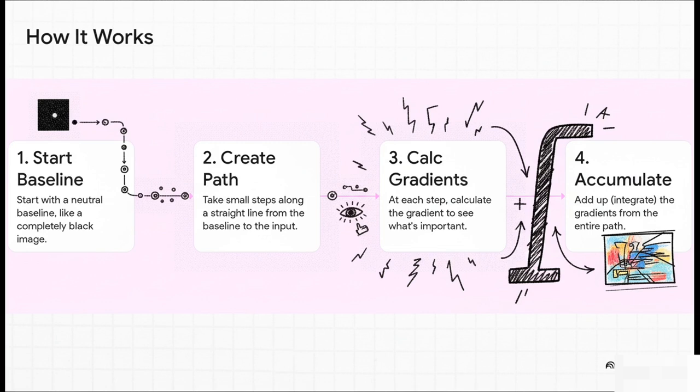Then you imagine a straight line, a path, from that black image to your final picture, and you walk along that path, taking hundreds of tiny little steps. At every single step along the way, you stop and ask the AI, okay, from this point, what's important? You calculate the gradients at that moment. And at the very end, you just add up all the answers you got from the entire journey. You integrate them. It's like collecting clues along a path instead of just looking at the destination.